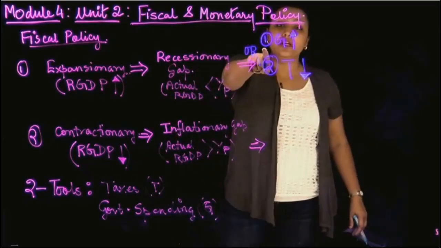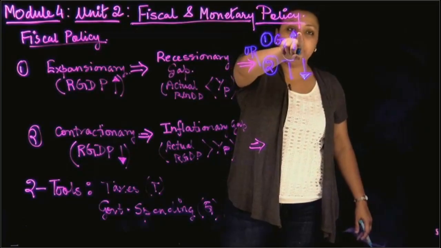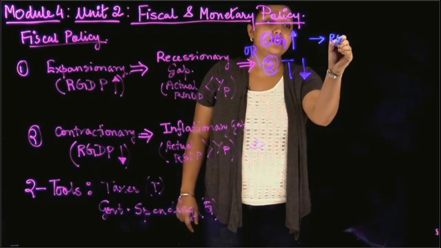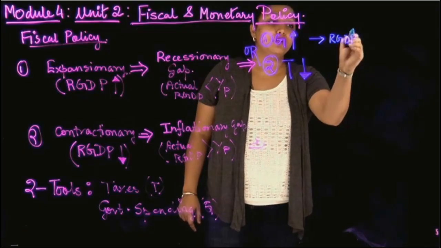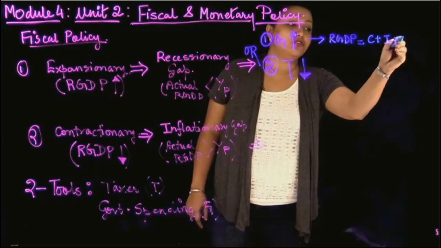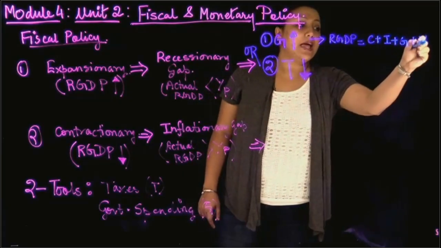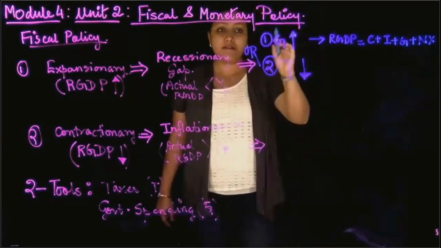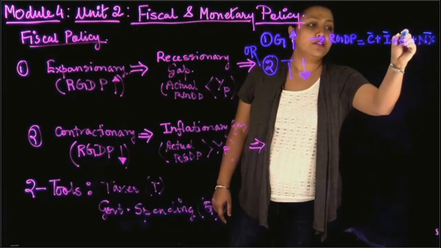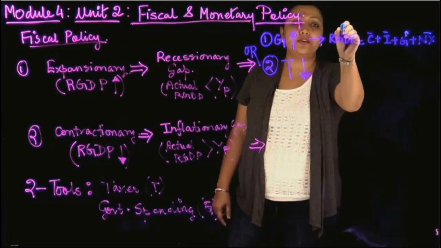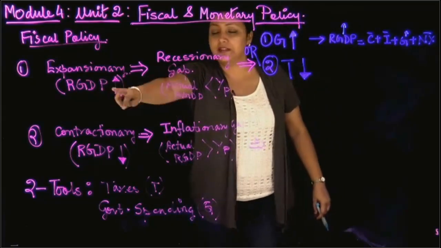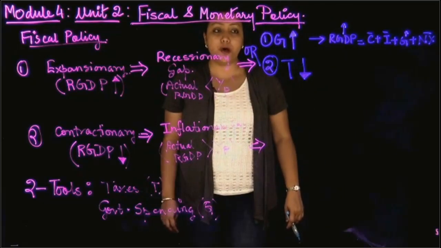Please note that whenever G increases, that will lead to an increase in real GDP, because your real GDP is given as C plus I plus G plus NX, right? Everything else staying the same, if there was an increase in G, then that would take the real GDP up. That is exactly what we have said in case of expansionary fiscal policy.